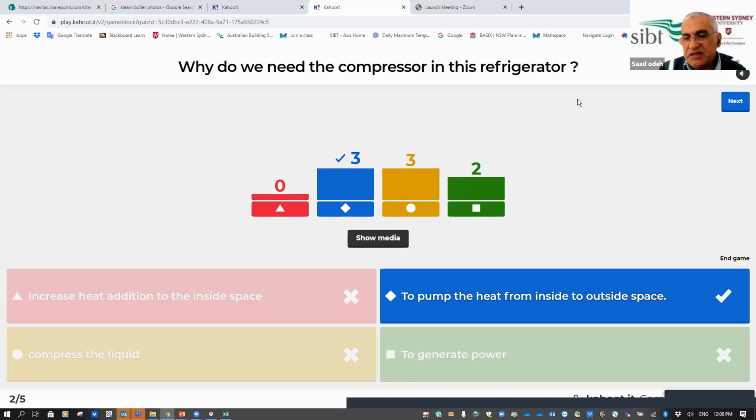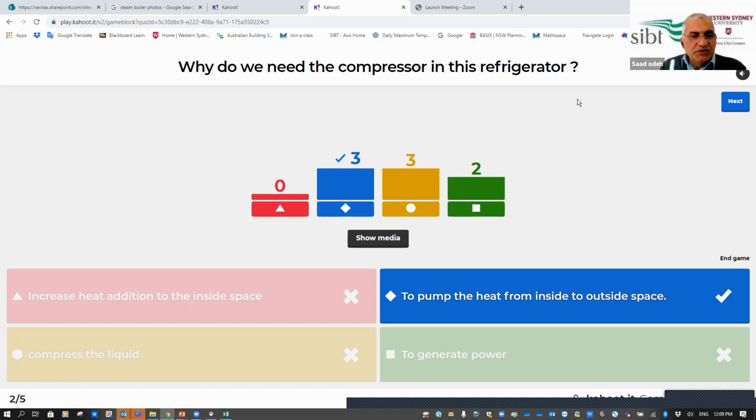I know the term looks weird, like how do we pump heat? But this is what they agree to call it, a heat pump. Same as, let's say, a water pump. We pump water, and also we pump heat from one side to the other side. I thought it was compressing the liquid because it's called a compressor.